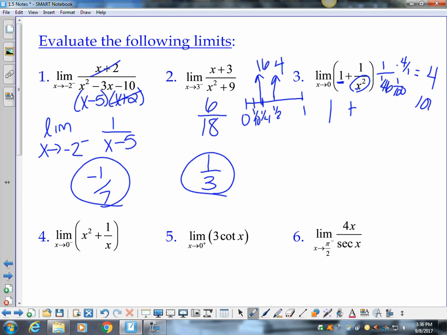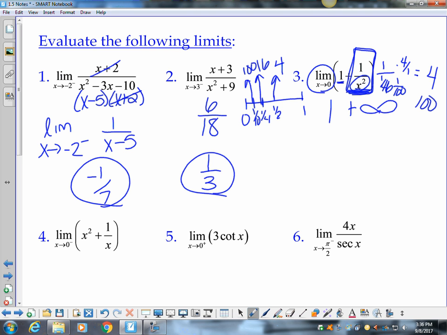Flip it, that's going to give me 100. And then I can try a 15th and a 20th and a 100th. All these numbers, when I square them and then flip them, it's going to make that whole number huge. So the limit as x approaches 0 of this piece is headed to infinity.